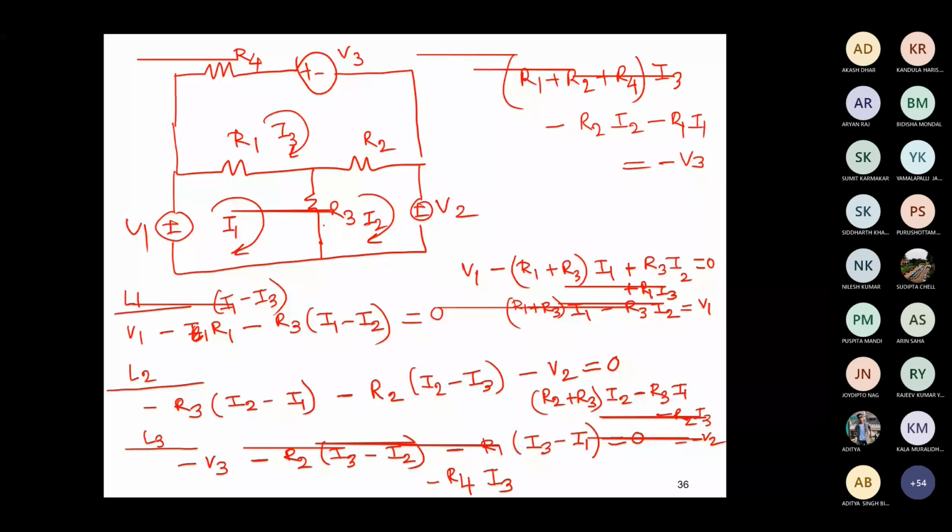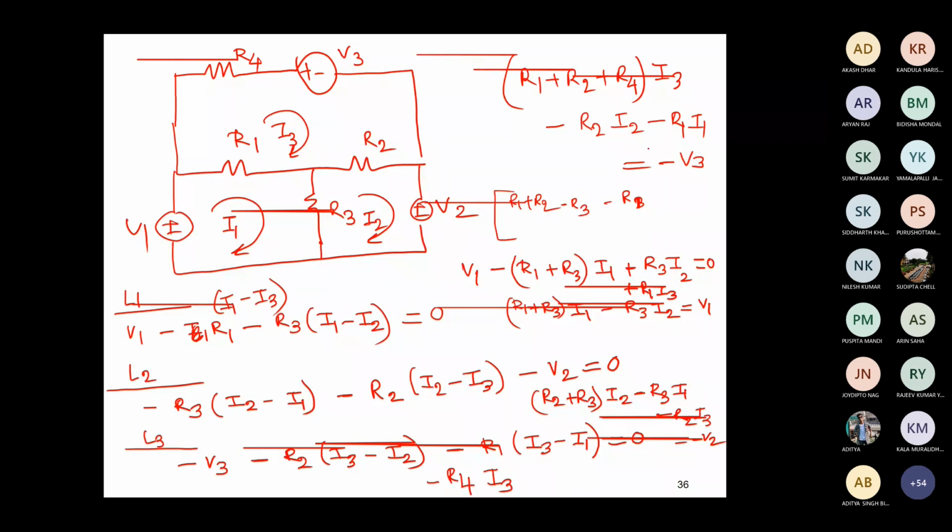So we write R1 plus R2 for loop 1, connected with I1. Then R1 is between I1 and I3, so minus R1 will come for the current I3, minus R3 will come for the current I2. Okay, in that way we can write.